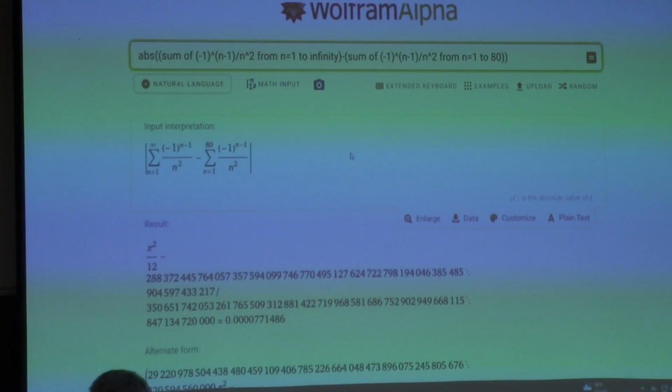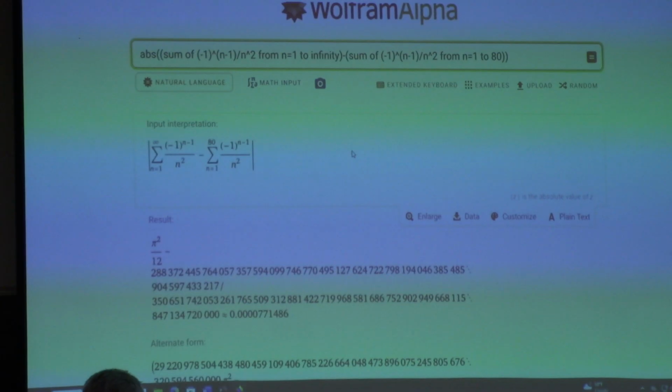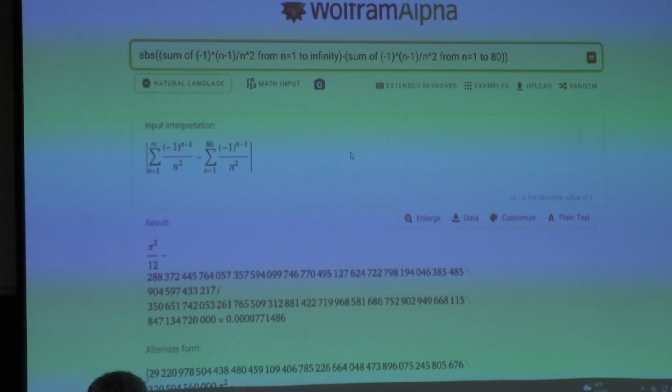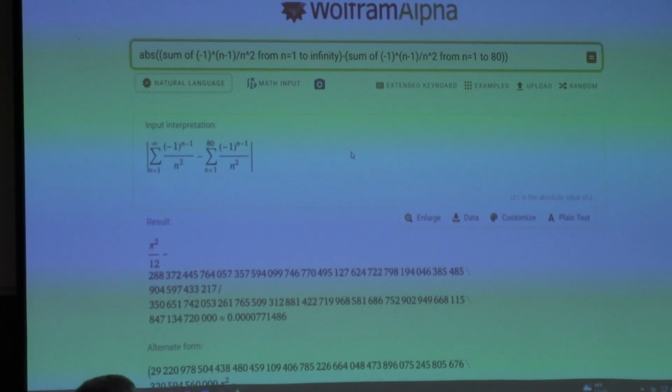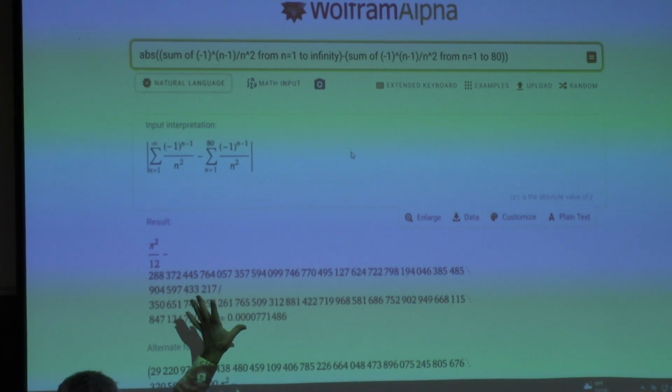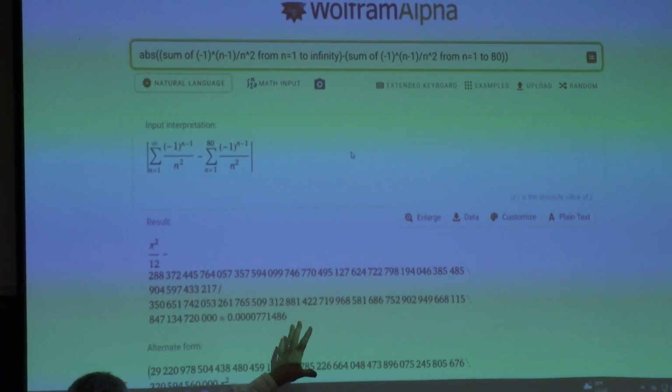So what's so great about this theorem? I said you have to use k greater than or equal to 100, but it turns out you could have used k equals 80 or maybe even less. Well, here we know the true value, and we know what S80 is, and we compute the difference.